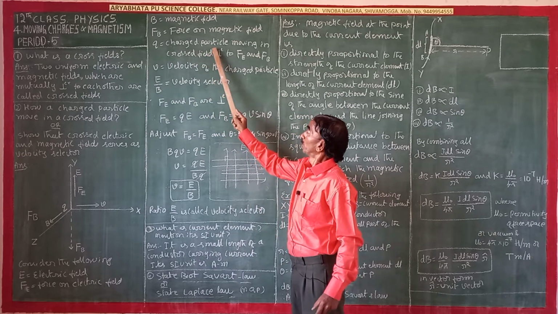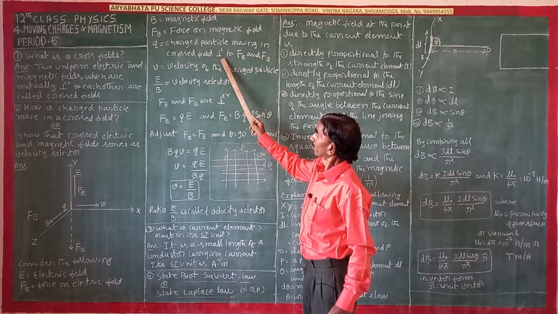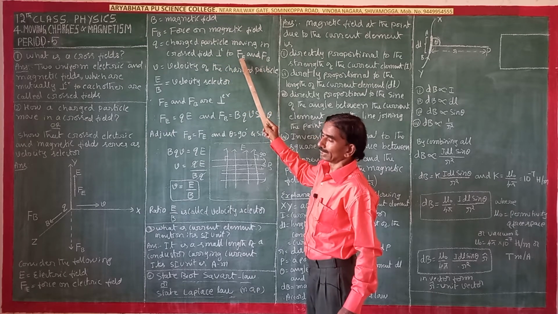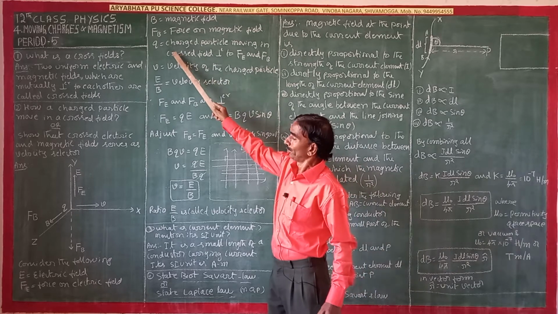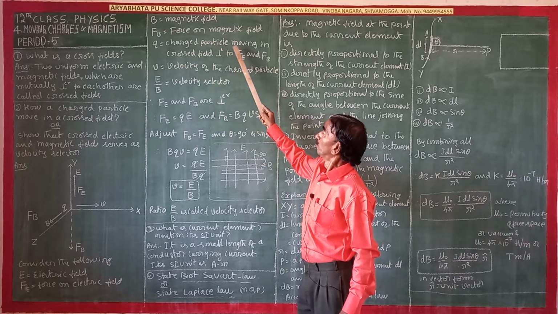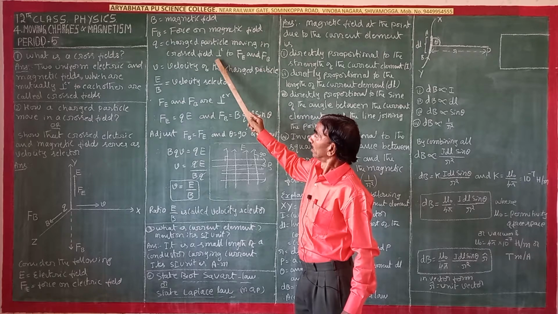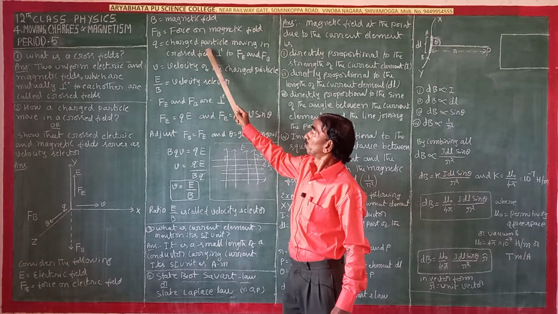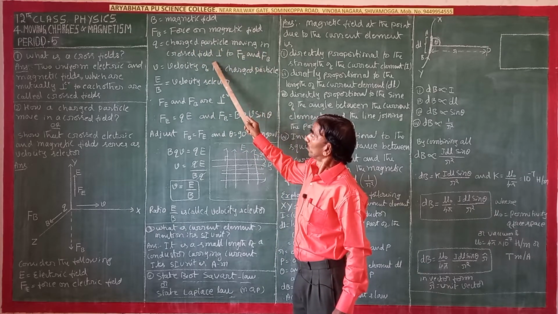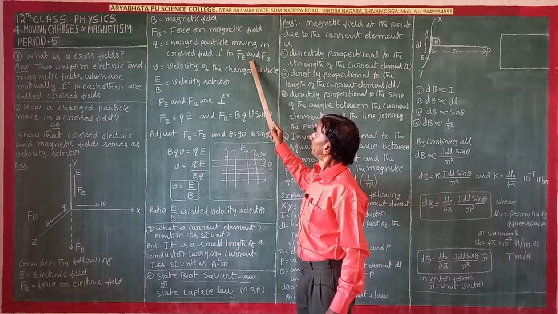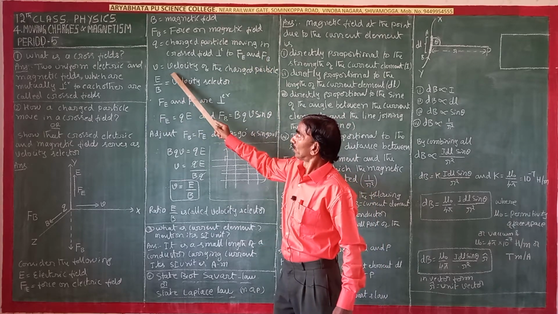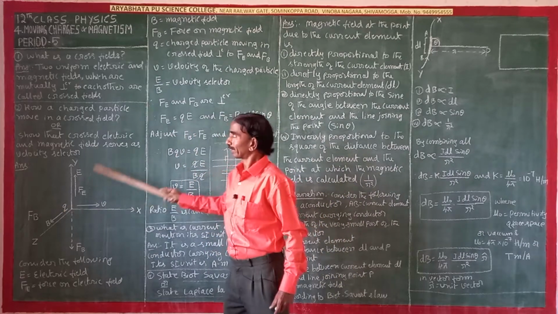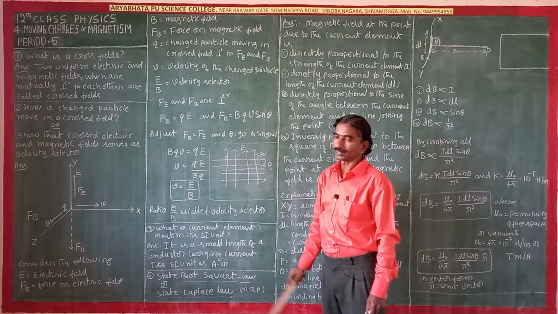Q is the charged particle moving in the crossed field, perpendicular to Fe and Fb. V is equal to the velocity of the charged particle.